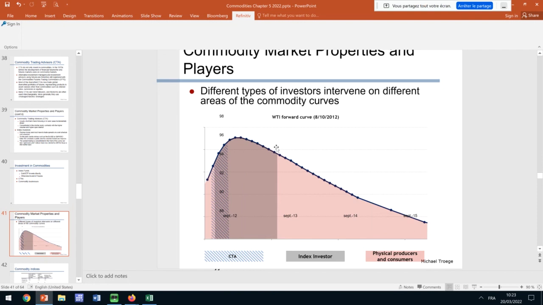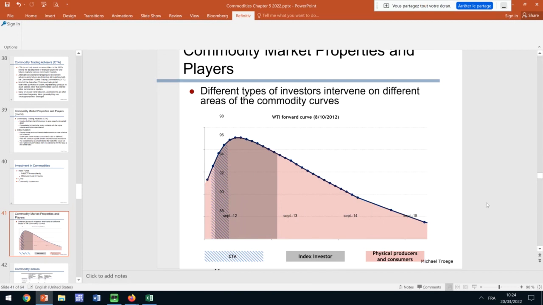This is for the oil index, WTI, in a picture taken in 2012. You can see the 2012 contracts are mostly CTAs, then between 2013 and 2014, with 1 to 2 year maturity, you have the index investors, and in the end you have the physical producers.